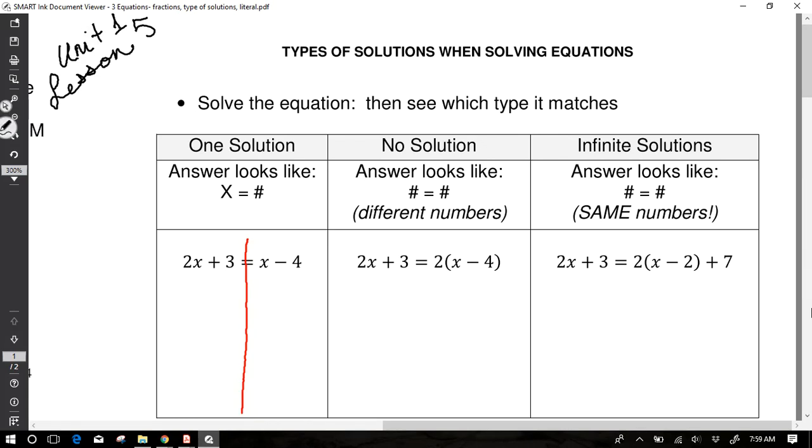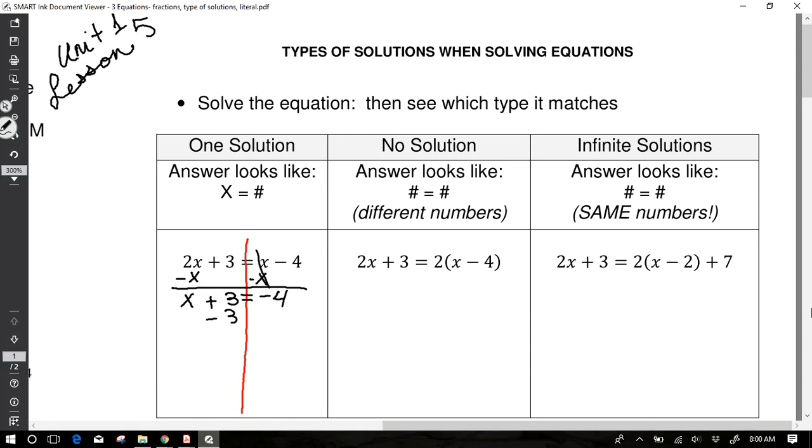So let's just solve this really quickly together. I'm going to move my singular x variable to the left. And then I'm left with 2 minus 1 is just 1x. Bring everything else down. Second, I need to move my constant term away from the variable term.